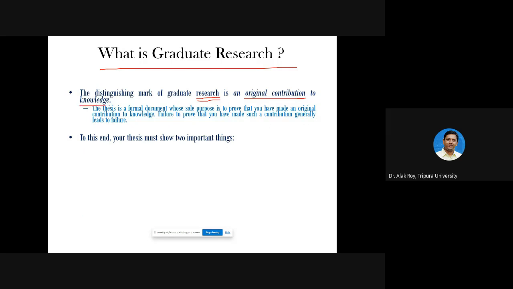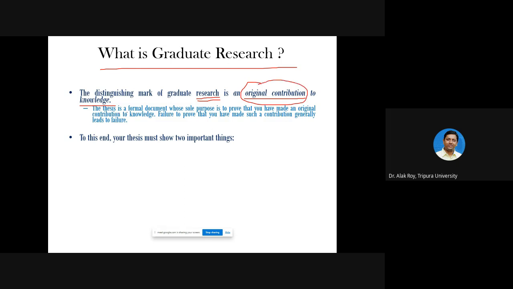To knowledge. It's not like that you will copy someone's thesis, say downloading a thesis from someone's university from America, and you will rewrite and resubmit to us. So that is not the aim. Whatever you will do, it should be an original contribution.